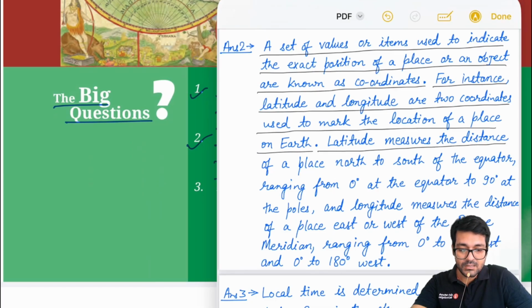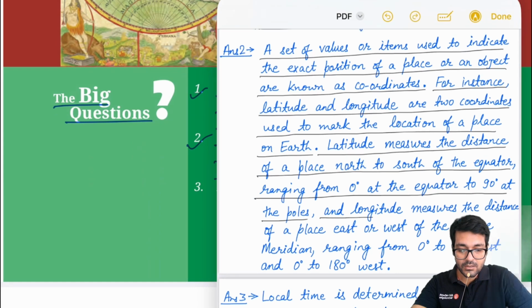Latitude measures the distance of a place north or south of the equator, ranging from 0 degree at the equator to 90 degree at the poles. And longitude measures the distance of a place east or west of the prime meridian, ranging from 0 degree to 180 degree east and 0 degree to 180 degree west.